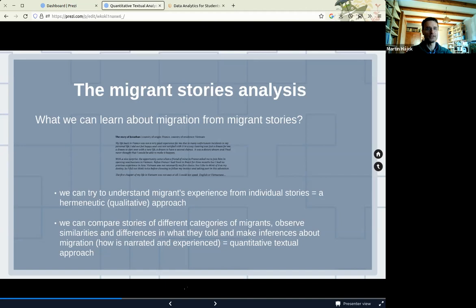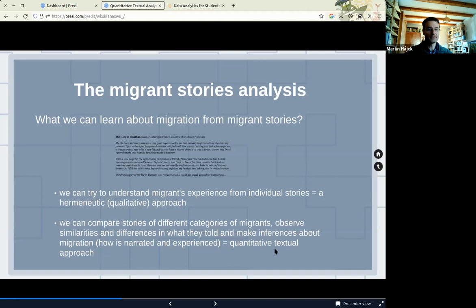Of course, if somebody is telling the story to an immigration officer, the story would be different from telling it to a friend or someone from the family. But we can make an assumption that in these stories we can learn about how it is experienced as well as narrated.